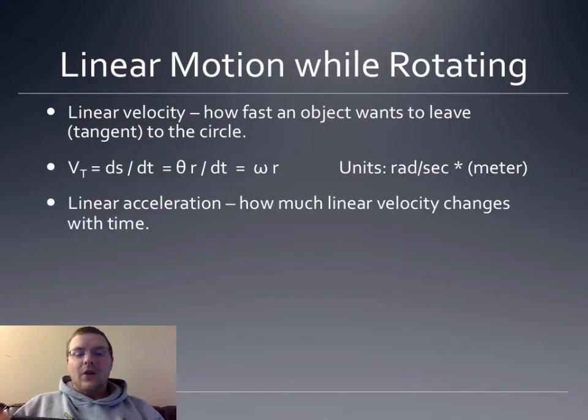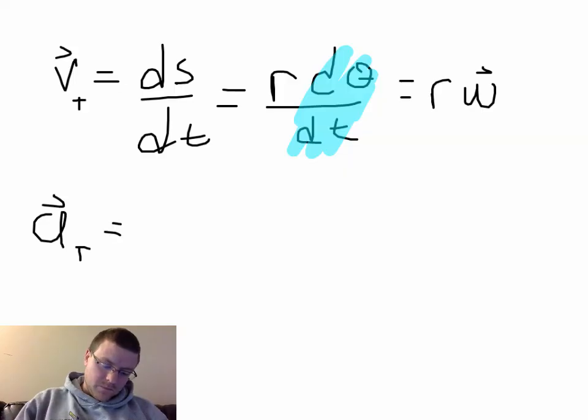rotational speed. Also, as we go around a circle, we know that we can linearly accelerate. If something starts to rotate faster, not only will that rotational speed increase, but the linear speed will increase. And if the linear speed increases with time, that means that something has been linearly accelerated, has tangentially accelerated. So let's look at the definition of acceleration versus time.